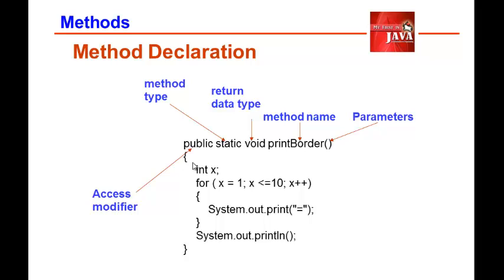We will have a good example for this. Method body. Just like our main method, you define the scope of the method by a set of curly braces. Inside the body is where the statements are located that execute the functionality of the method.